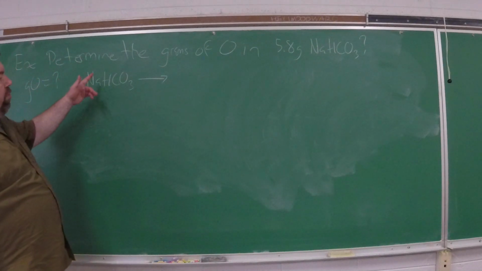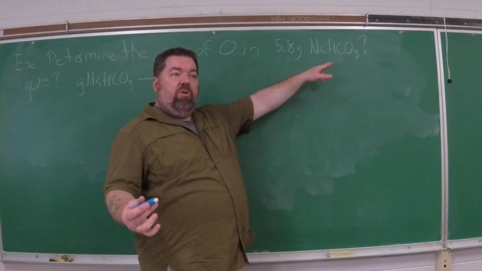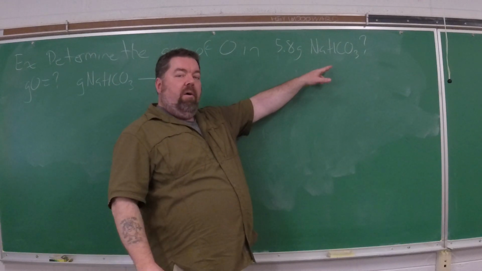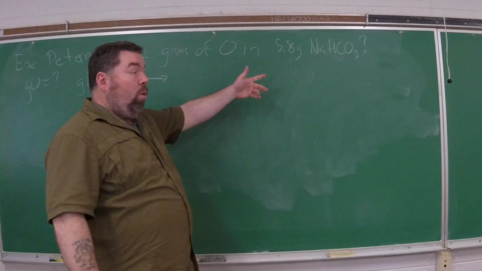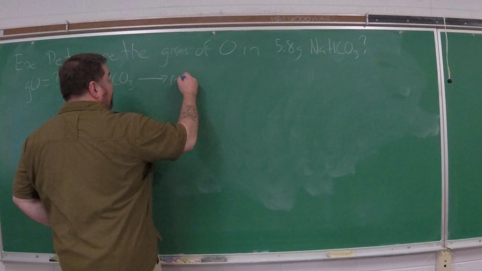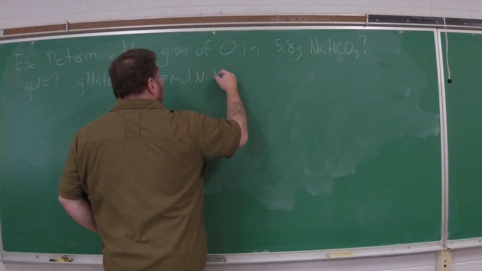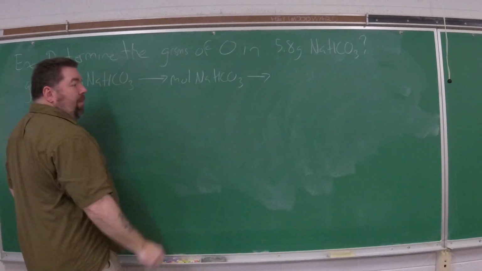To do this, we're going to have to go through moles, correct? Because we have to use the molar ratio of oxygen to sodium bicarbonate. So we have to go from grams to moles for sodium bicarbonate. Once I'm in moles of sodium bicarbonate, what can I do?